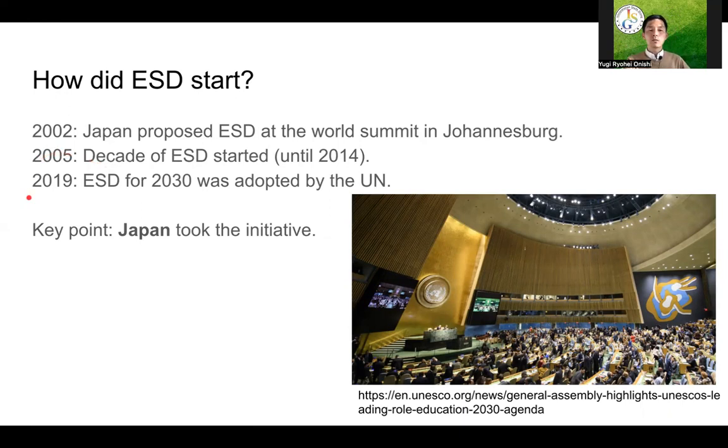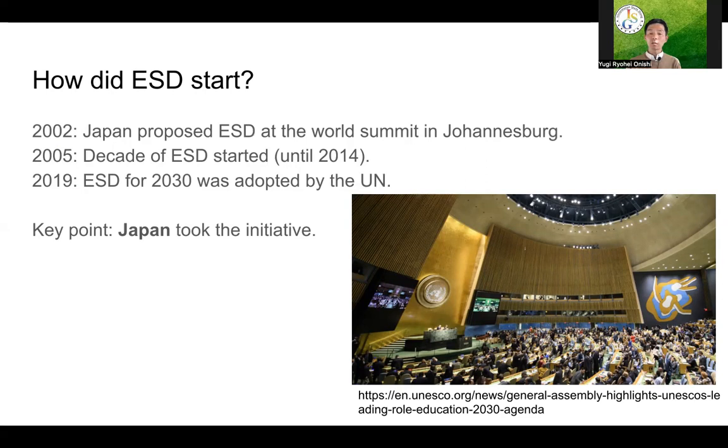And in 2019, so the decade of ESD ended in 2014, 5 years later, ESD for 2030 was adopted by the UN. So people did a lot of ESD programs throughout the world, many things. But ESD could not be finished in 2014.